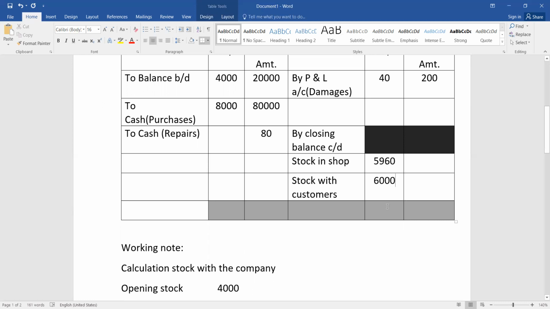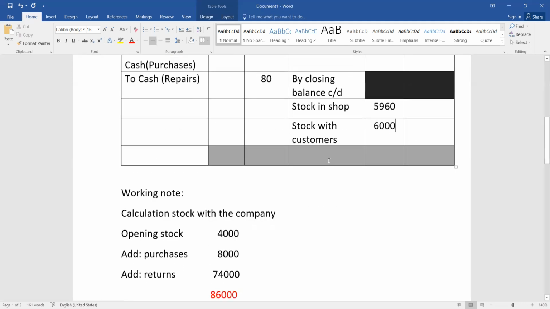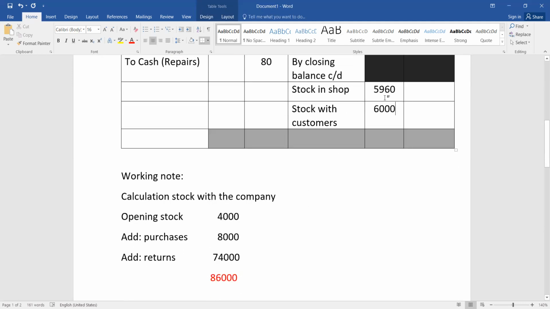Now at what price would it be valued? Remember the opening stock is valued at rupees 5. So 5,960 into 5 would give me 29,800. And coming to the stock with customers, it is 6,000 into 5, which is 30,000.